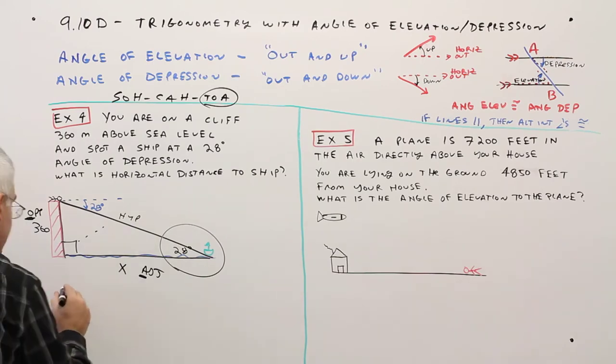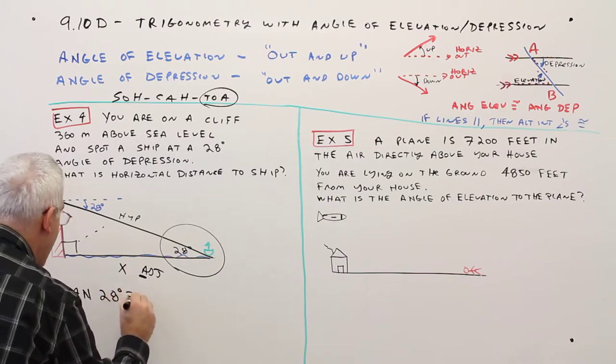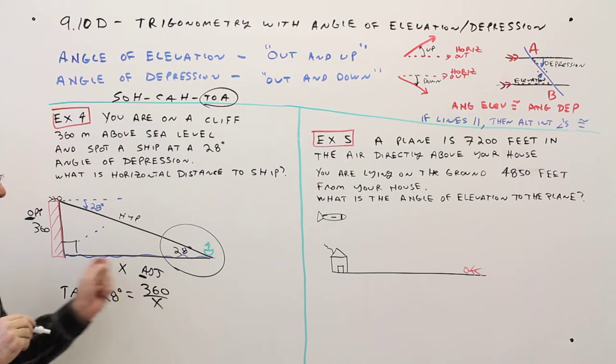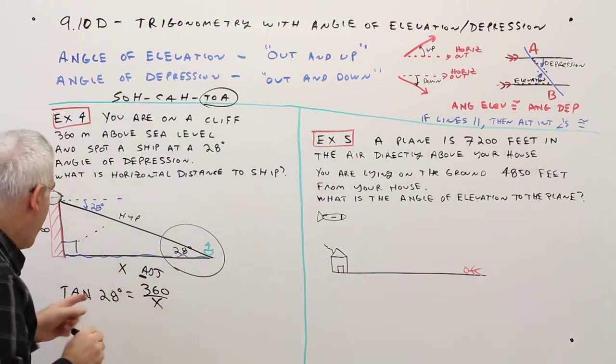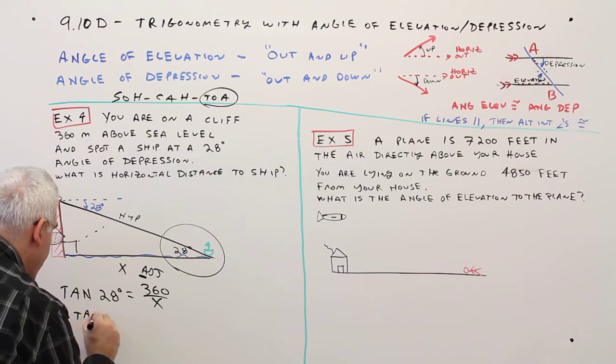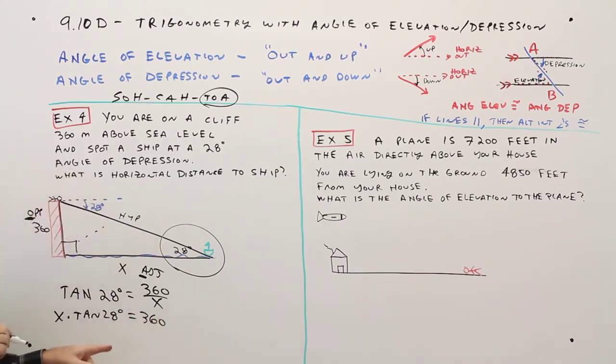So my equation will be the tangent of 28 degrees equals 360 over x. Then I'll just solve that equation. I'll multiply it through by x. So x times the tangent of 28 degrees equals 360. And I'll just divide each side by the tangent of 28.